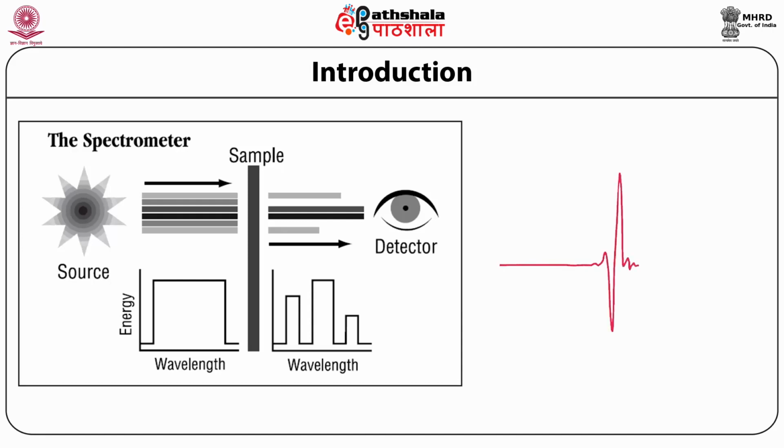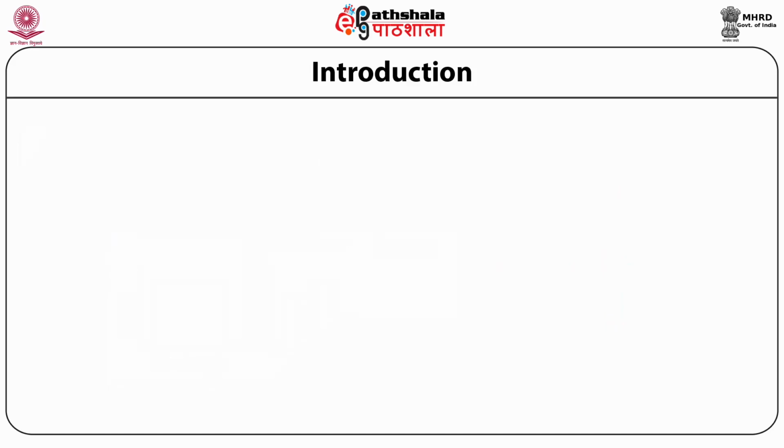And point 5, the computer. The measured signal is digitized and sent to the computer where the Fourier transformation takes place. The final infrared spectrum is then presented to the user for interpretation and any further manipulation.